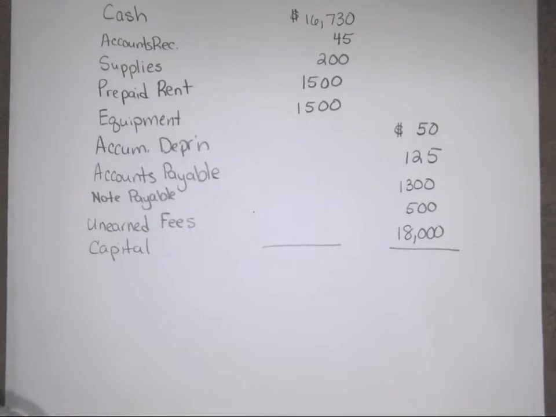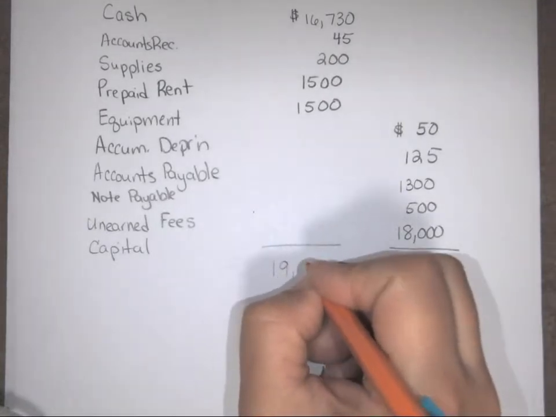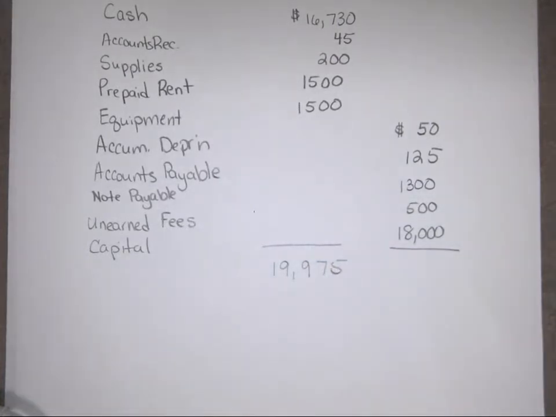All right, so in this, we are going to take the 16,730. We will add the 45. We will add the 200. We will add 1,500, and then add the other 1,500. And this is going to give us a total of $19,975. Now let's add the other side and see if we're in balance.